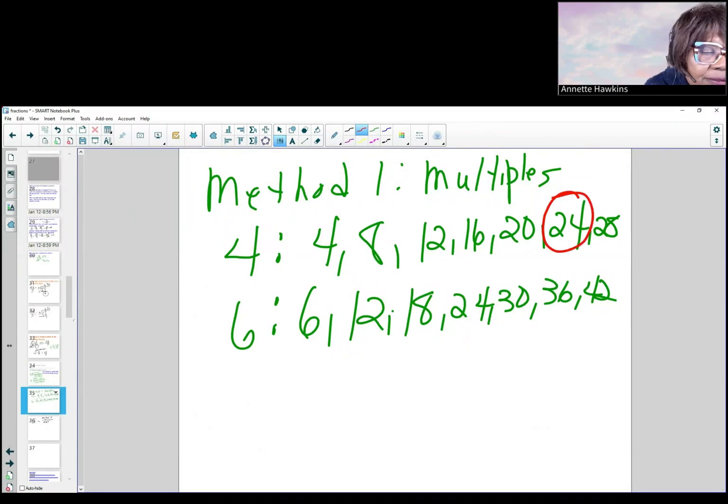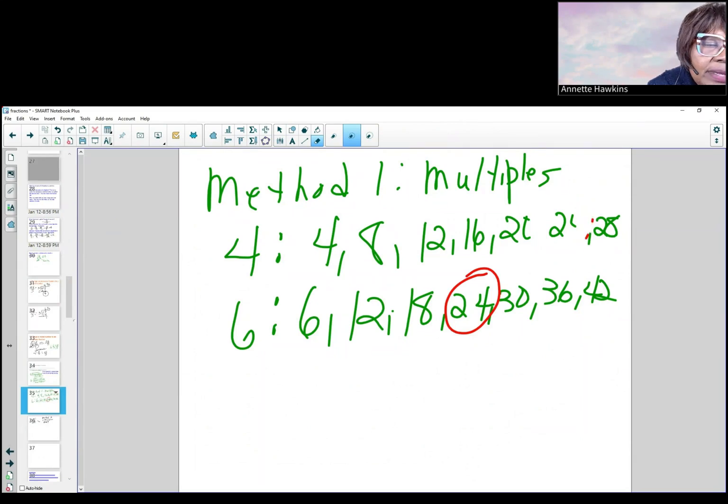That looks like 24, 24. Nope, that's not right. The first number they have in common is 12.